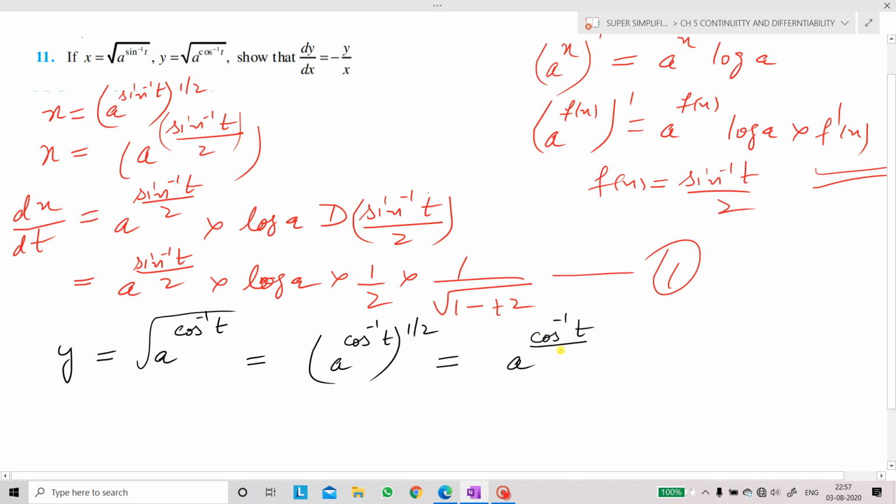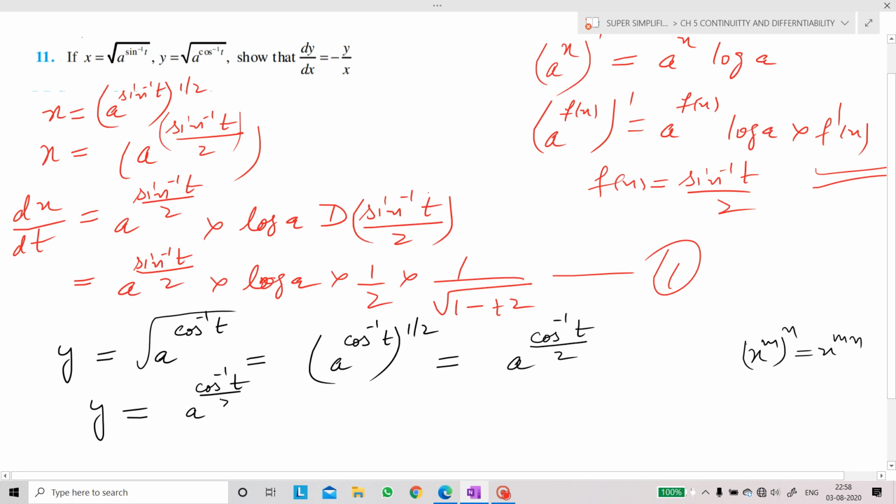We have used the rule x raised to the power m raised to the power n is equal to x raised to the power mn. If you have power of a power, powers get multiplied. So cos inverse t raised to the power 1 by 2, so 1 by 2 gets multiplied with cos inverse t. So we have the expression for y to be a raised to the power cos inverse t upon 2.